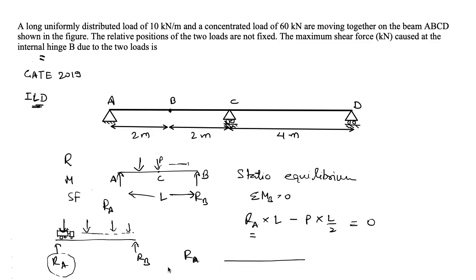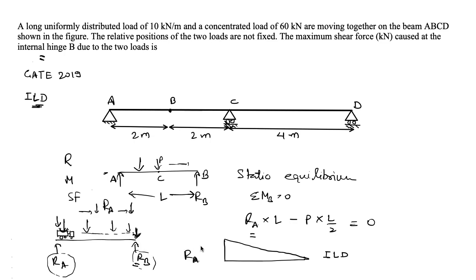So the value will be maximum, you can imagine, when the load is acting at this point A itself. So here it will be maximum, and as the load goes away, this value of the reaction will reduce. So it reduces something like this, and when the load is acting at this point B, then there will be no reaction at A, because the complete load will be taken by this support B. So this will be the influence line diagram, for example, for reaction at A for this basic beam.